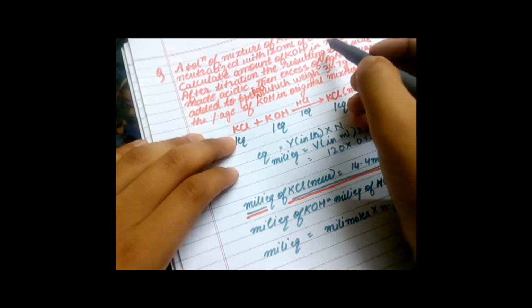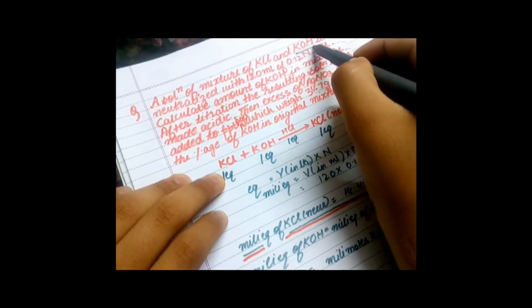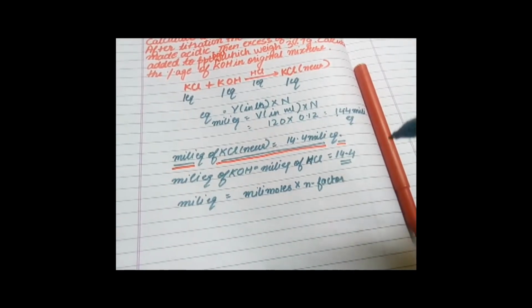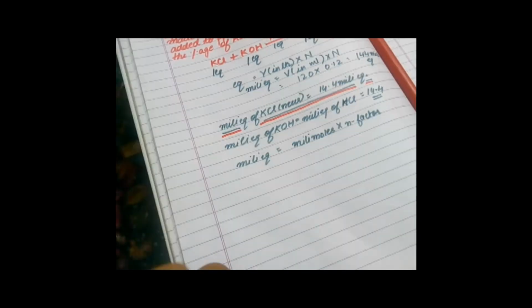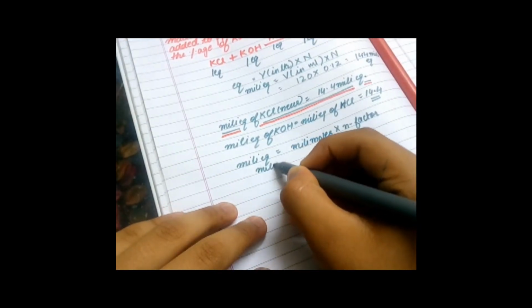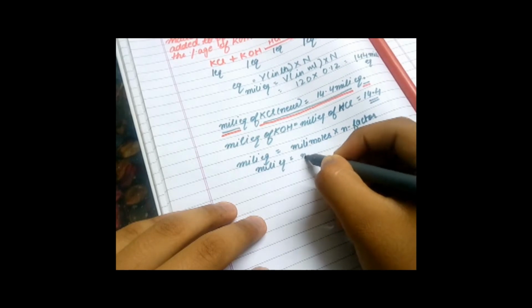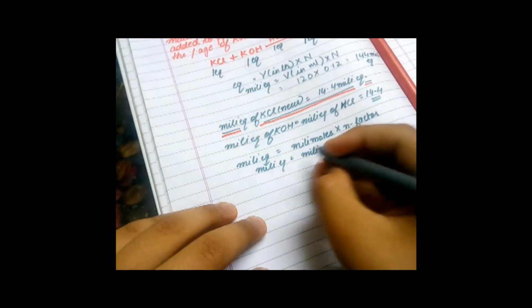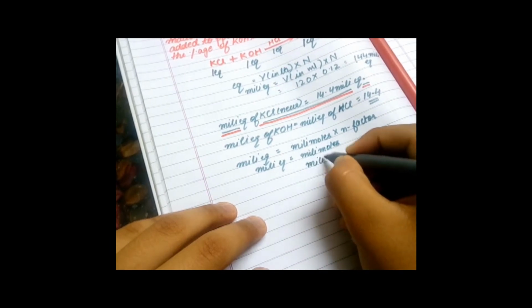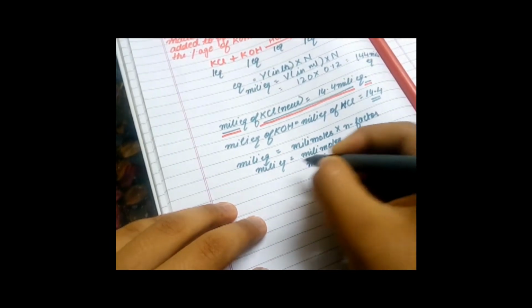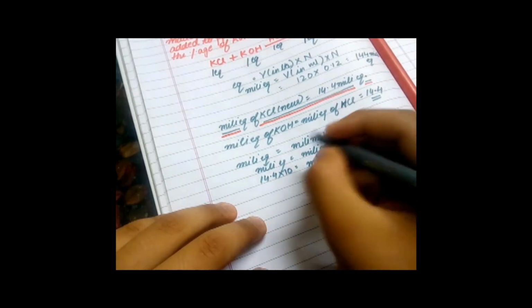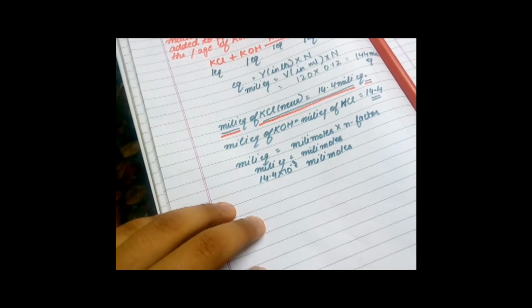Now as we can see here, KOH is a monoacidic base. It has an N factor of 1 as it has one replaceable OH ion. So here we can say that the number of milliequivalents is equal to the number of millimoles, which implies millimoles is equal to 14.4, that is, moles 14.4 into 10 raised to the power minus 3.